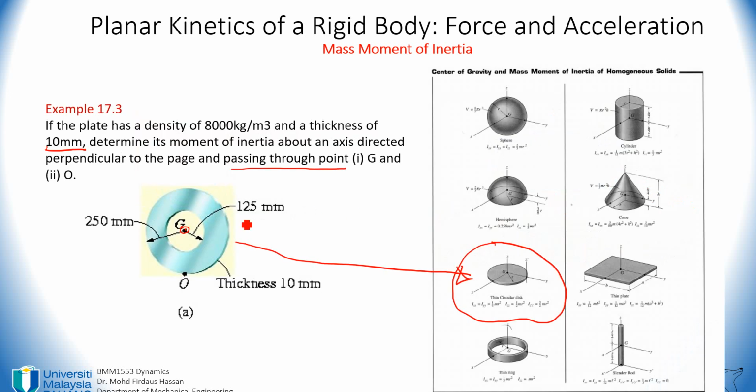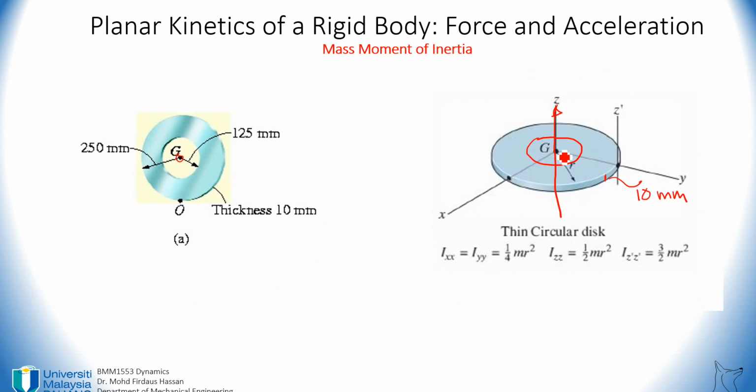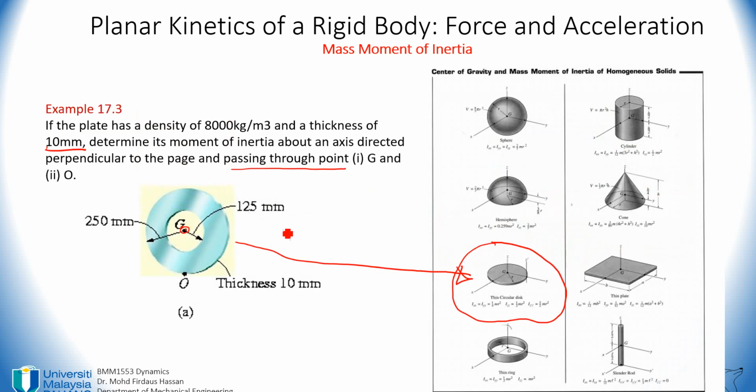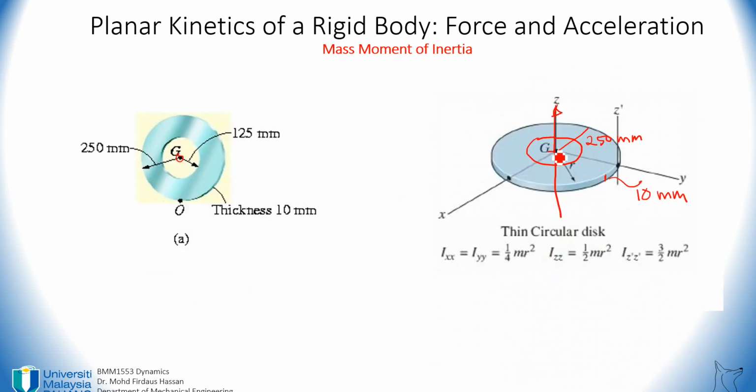The radius without hole is 250 mm, the radius for this plate. The radius of the hole is 125 mm.